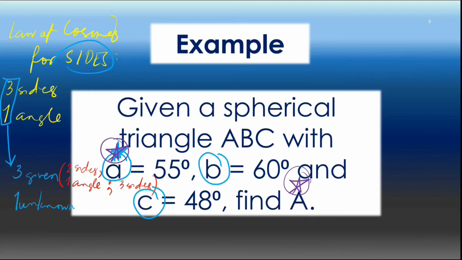Okay, so let us switch to the black screen. We do have the given: small a measures 55 degrees, b measures 60 degrees, and c measures 48 degrees.